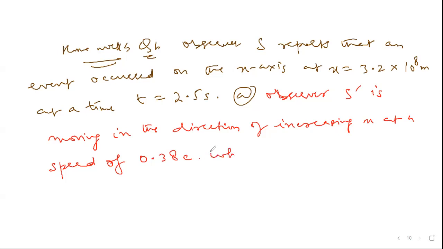You know c is the speed of light. What coordinates would S prime observer report for the event?